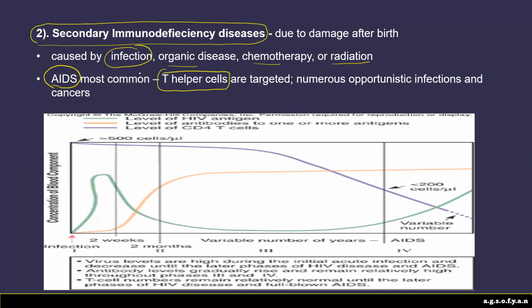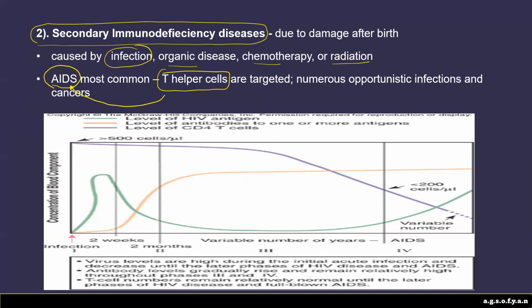And remember, I mentioned the function of the T helper, which is to activate the TC and also the B cell. So if this person does not have the T helper, or the T helper is really low in number, then they will get the disease called AIDS. So AIDS is actually a disease caused by the T helper destruction by the HIV.